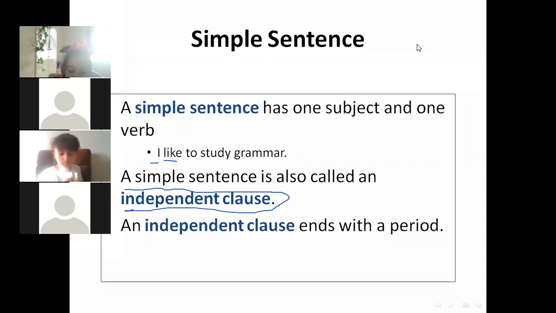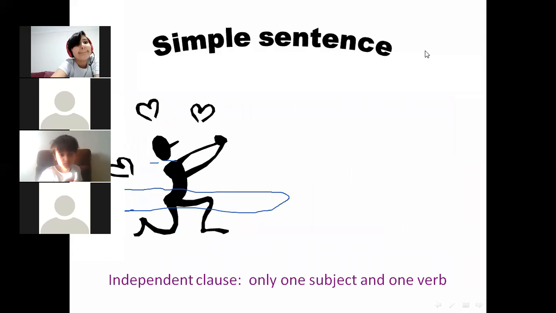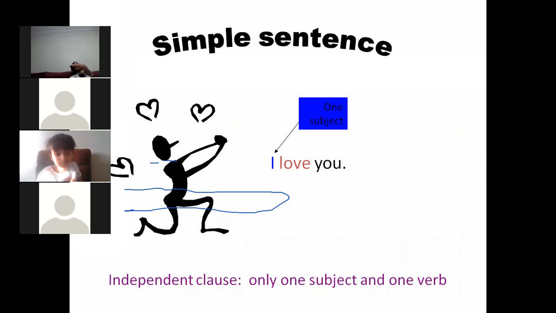So the simple sentence has only one subject and one verb. And the simple sentence is also called independent clause. The independent clause will end with a period. Okay? So the simple sentence like I love you, I is subject.